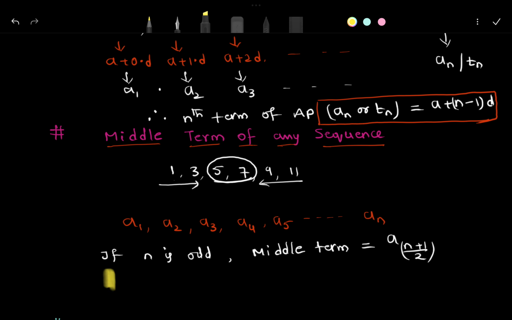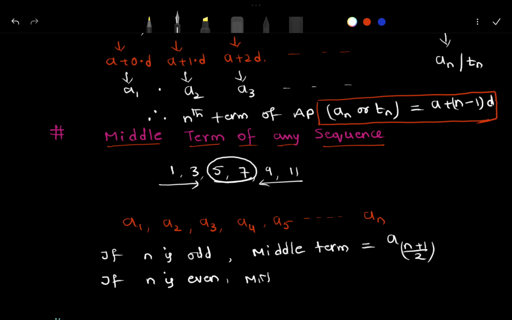If n is odd, and if n is even, then what are the middle terms?